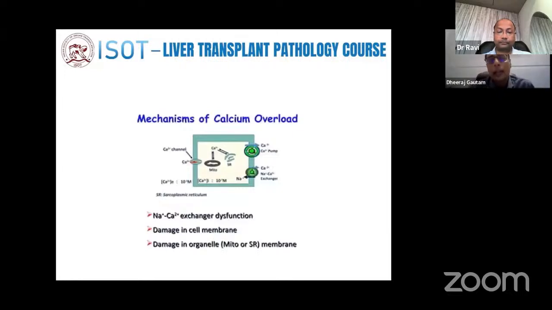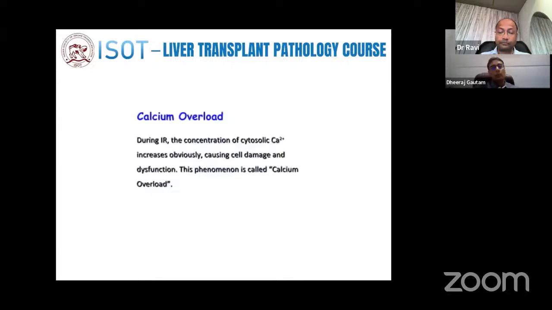So what is the mechanism of calcium overload? It operates through sodium-calcium exchange dysfunction, which leads to damage of the cell membrane and damage of the mitochondria or SR membrane. During calcium overload in IR, the concentration of cytosolic calcium increases, obviously causing cell damage and dysfunction.